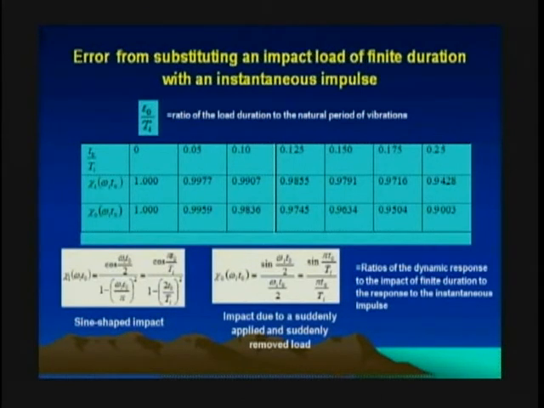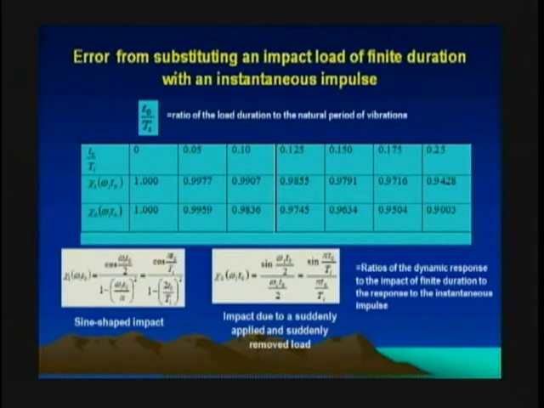And so these chi sub 0, chi sub 1, are ratios of the dynamic response to the impact of finite duration to the response to the instantaneous impulse. And as you see here, of course, if the actual load is an instantaneous impulse, indeed it's 1 in both cases, so no error at all.